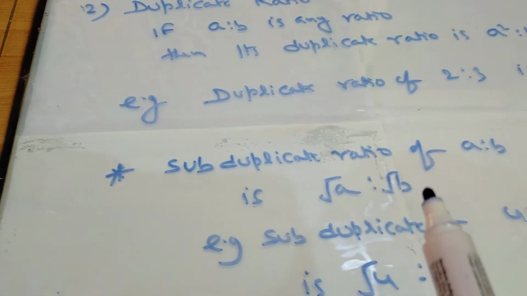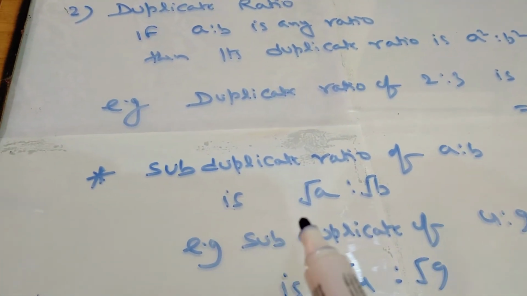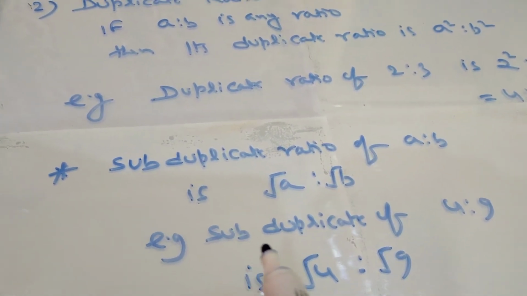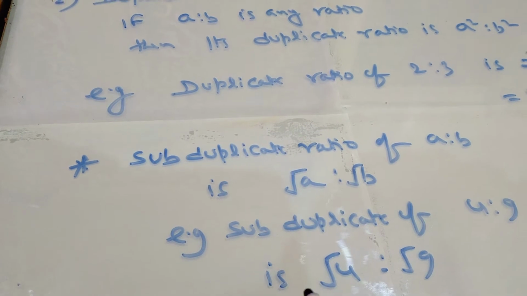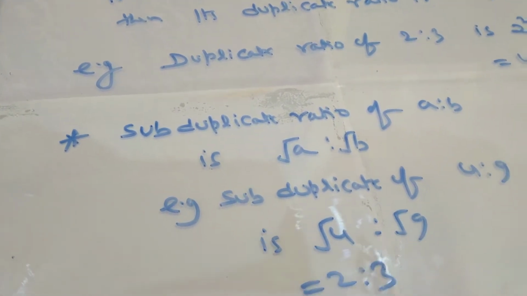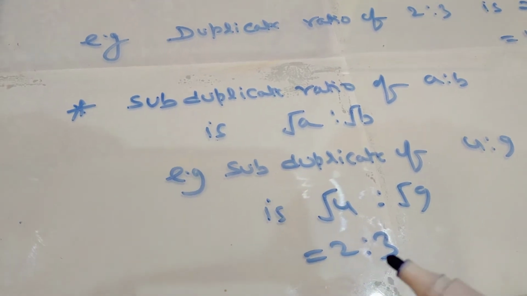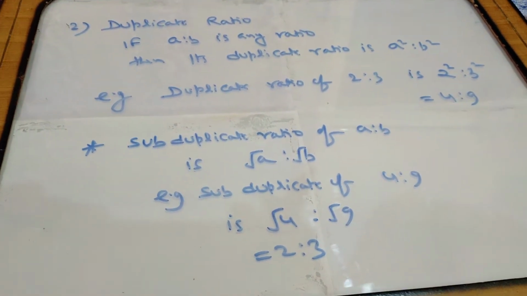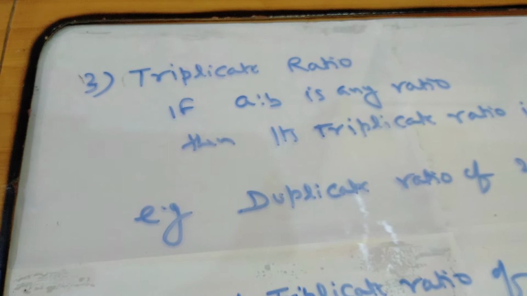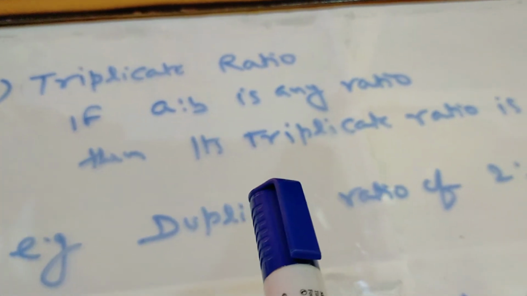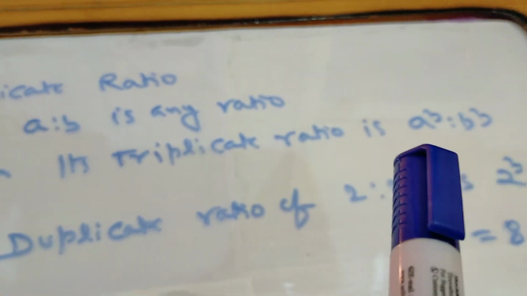Now subduplicate ratio of A is to B is under root A is to under root B. For example, subduplicate ratio of 4 is to 9 is under root 4 is to under root 9. After simplification, root 4 is 2 and root 9 is 3. So this is the answer. So note down this part. Now we have another topic, triplicate ratio. If A is to B is any ratio, then its triplicate ratio is A cube is to B cube.